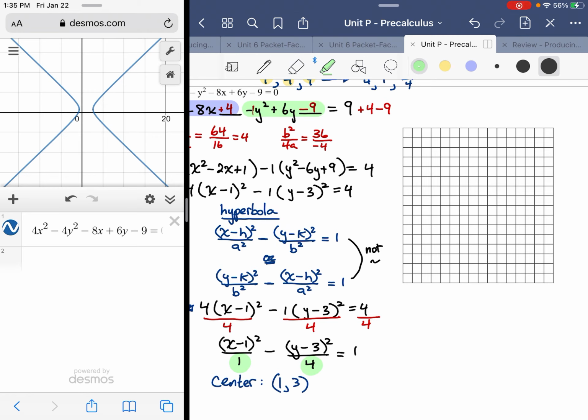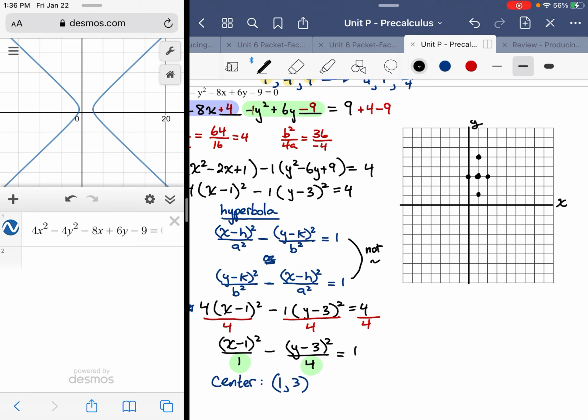All right, so we can start our graph here based off of what we have on the Desmos display. We're looking at something that's fairly symmetrical. So let me plot the 1, 3. My horizontal change is 1 unit in each direction. My vertical change is 2 units in each direction.